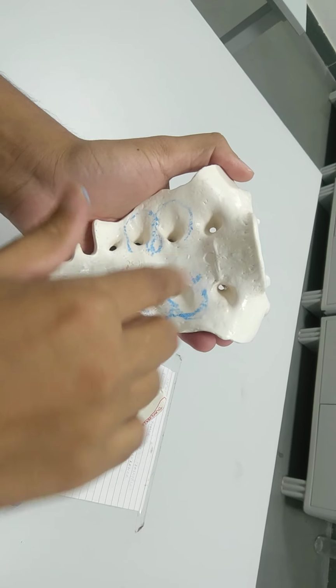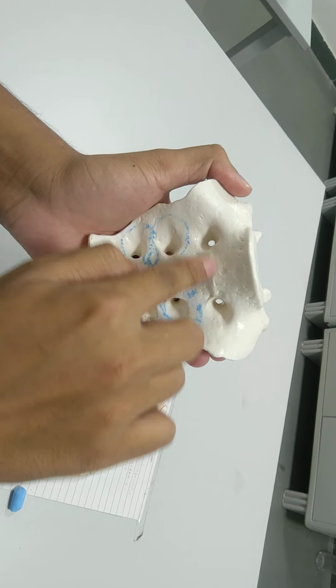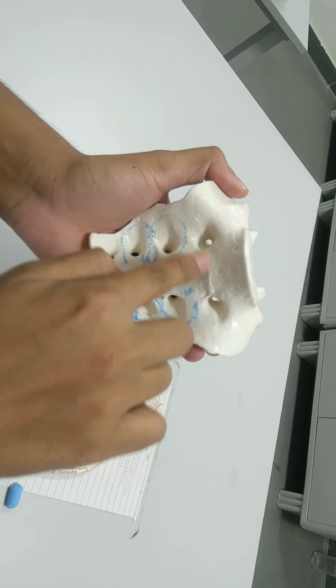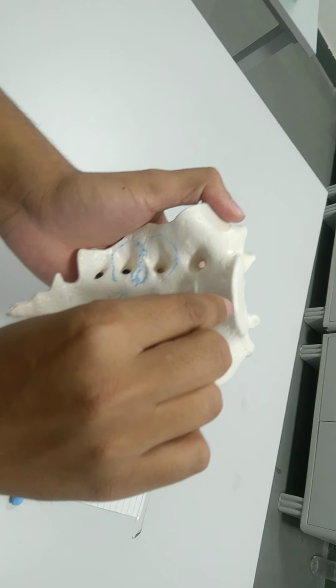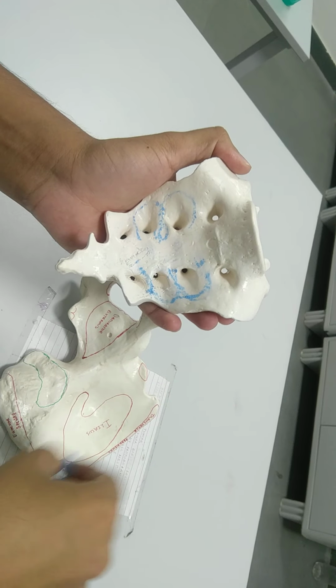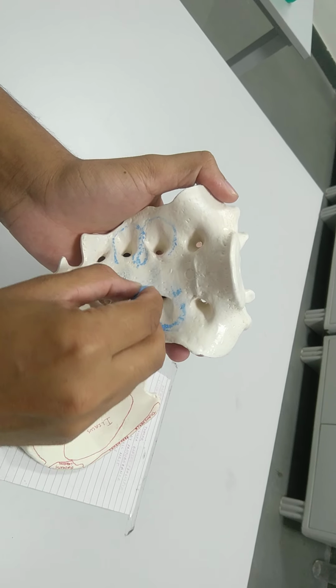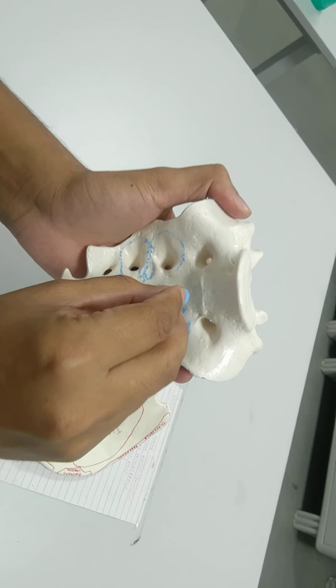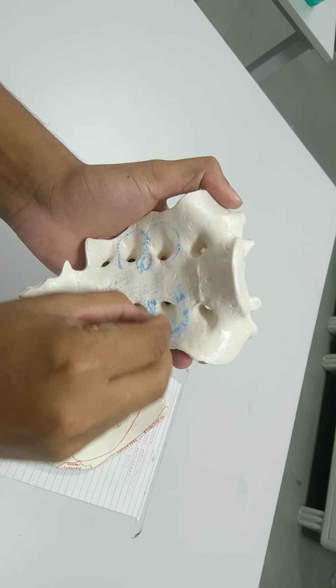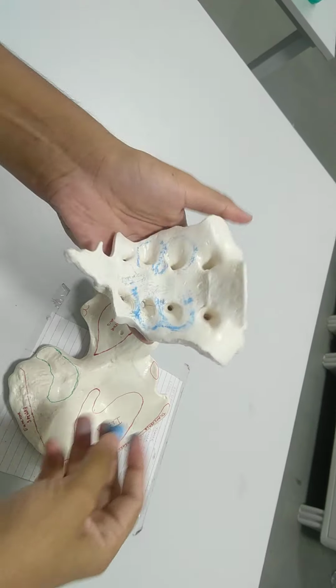I forgot to tell you, these are the transverse ridges, horizontal or transverse ridges. These are made by the fusion of bodies of sacral vertebrae. Piriformis muscle, E-shaped origin on both sides.